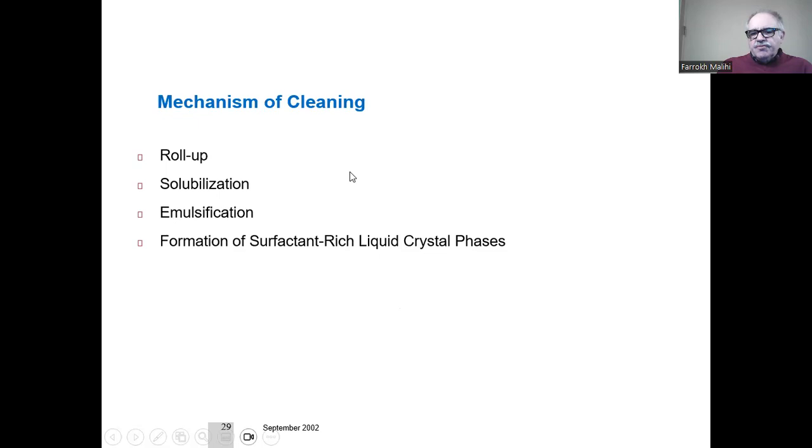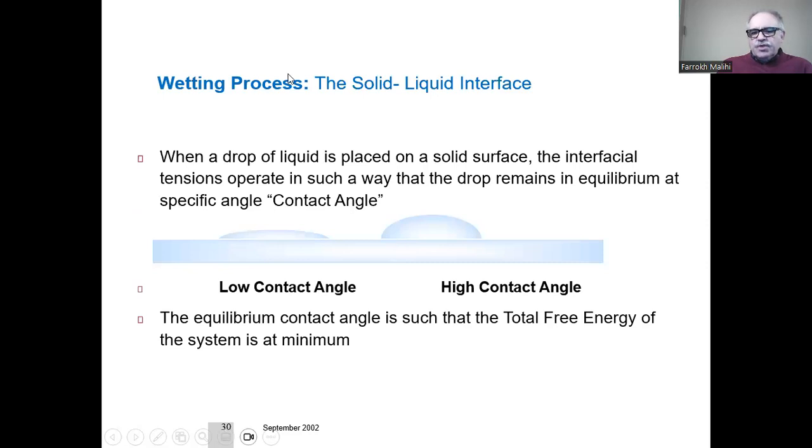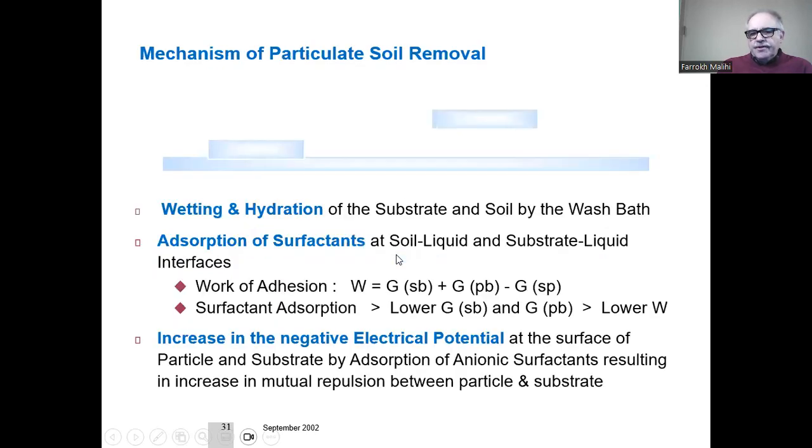There are several mechanisms involved in cleaning. Roll-up relates to basically detachment of oily, greasy soil, solubilization, emulsification, and formation of surfactant-rich liquid phases. The wetting process is accomplished by surface active agents, which increase the contact angle of greasy soil on the surface, hence help remove the greasy soils.